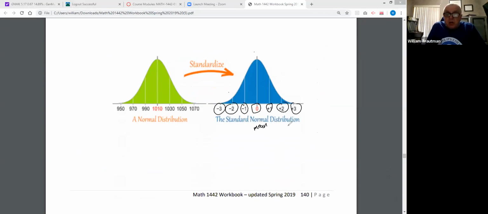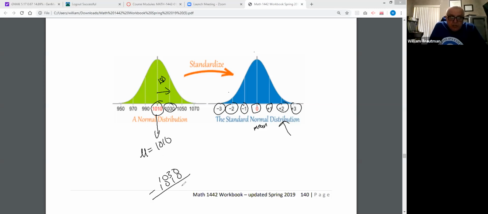You don't always have to use z-values. You can actually use the actual mean. Say the mean is 110, and one standard deviation is 130. 130 minus 110 means one standard deviation is 20 away from the mean.